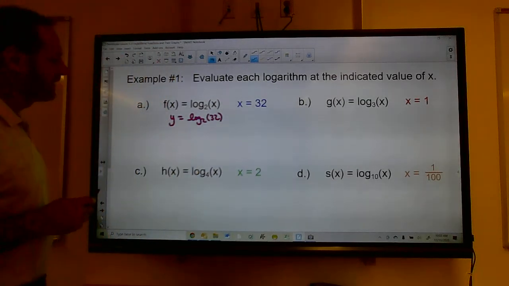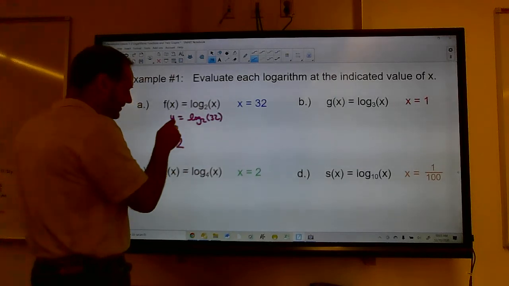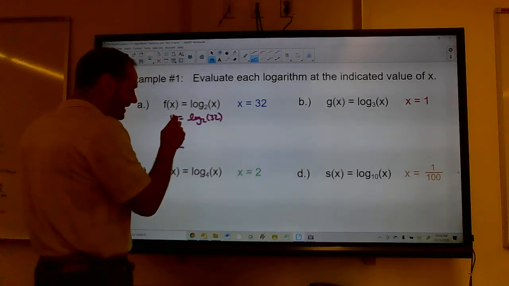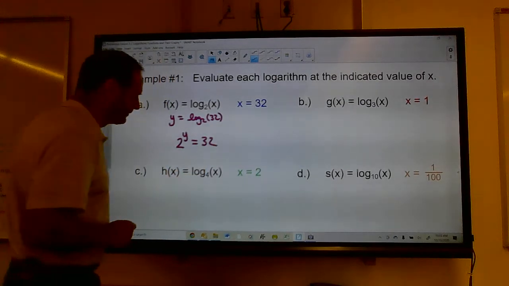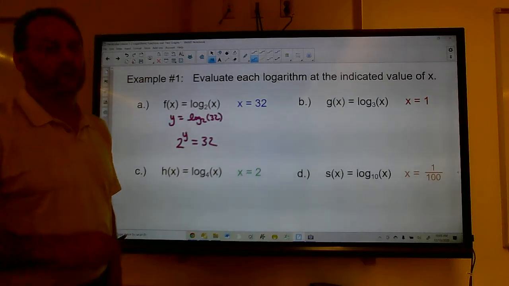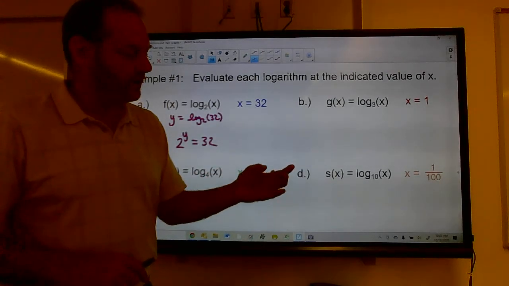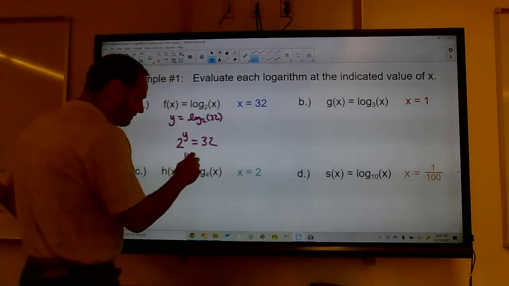And then I can rewrite that. Remember, here's my base. This is an exponent because a log is an exponent. And that equals this number right here. So 2 to the y power equals 32. All right, so 2, 4, 8, 16, 32. Y is 5.